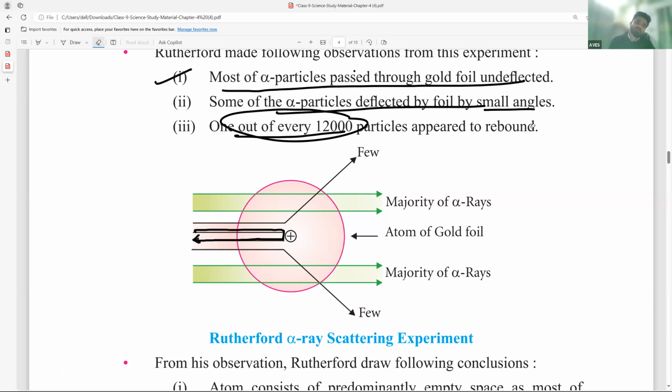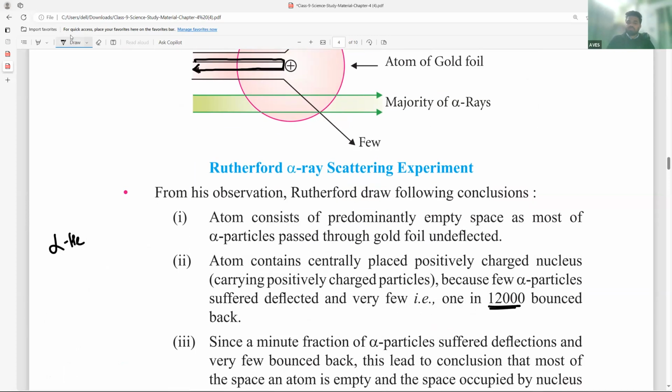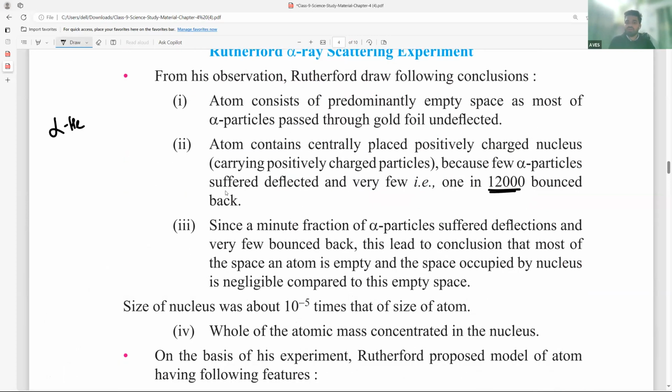Since a minute fraction of alpha particles suffered deflection, he concluded there are charged particles in the atom. The alpha particle is a charged particle with a 2+ charge, and the nucleus is also positively charged.